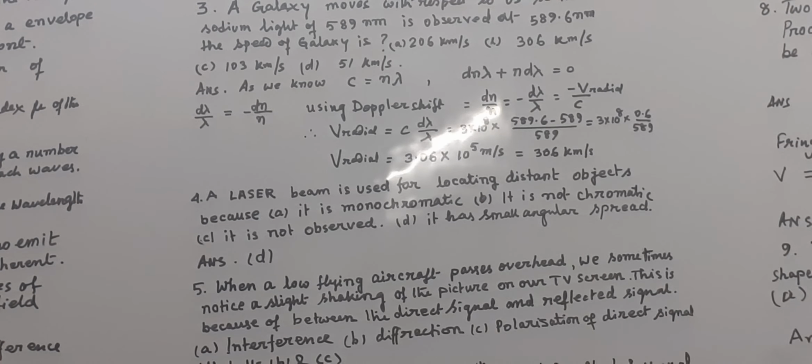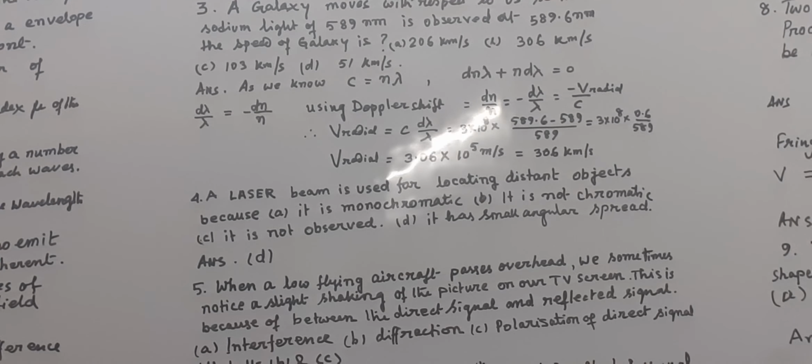Using Doppler shift, dn by n equal to minus d lambda by lambda equal to minus v radial by c. This is a very, very important relation we have to know, because nowadays these questions come in West Bengal JE also. So, we have to know it without any other point.